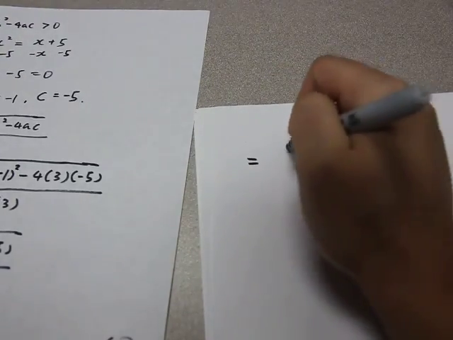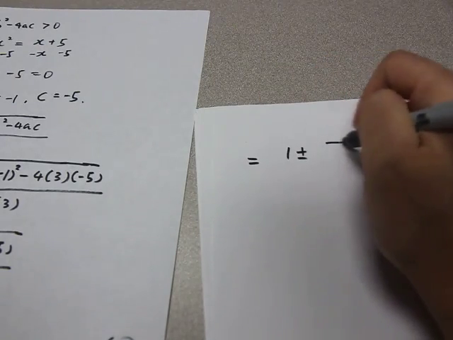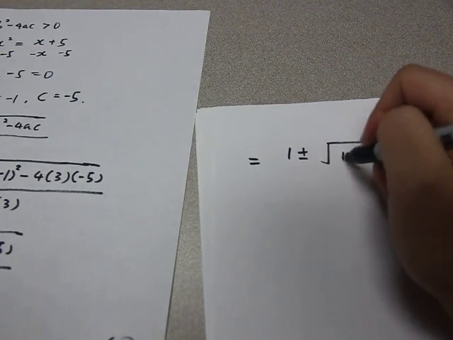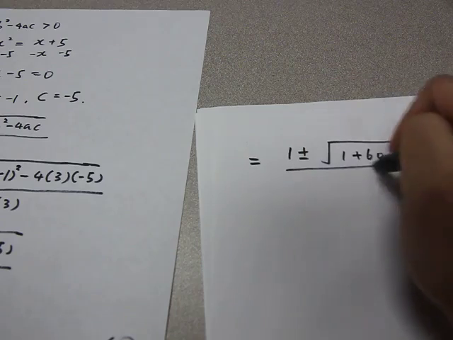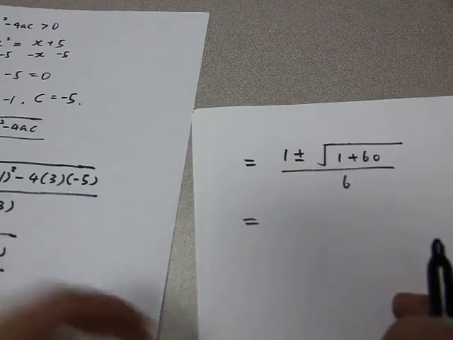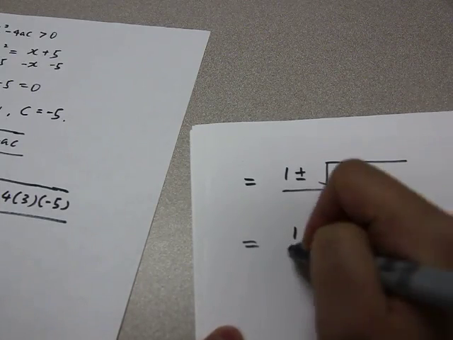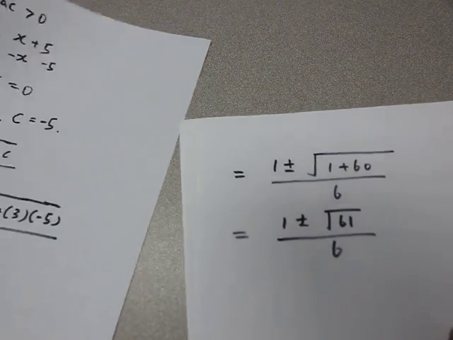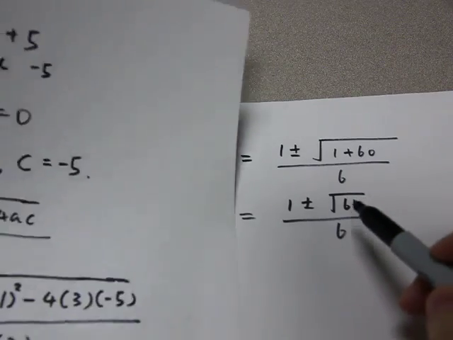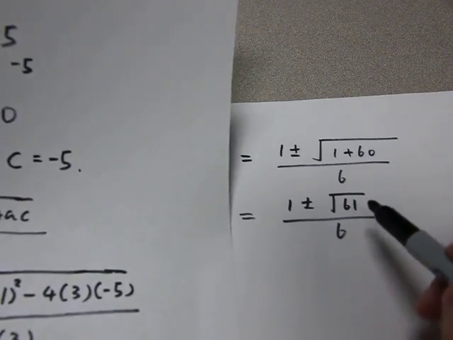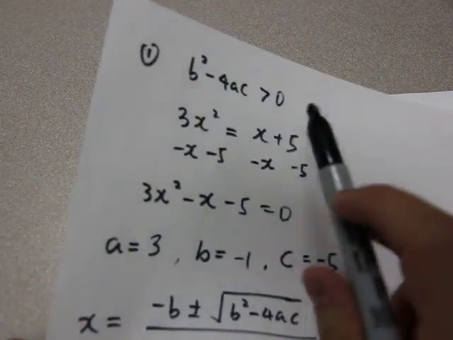So this is 1 plus or minus the square root of 1 plus 60, over 6. Now, in this example, the discriminant is 61, which is positive.